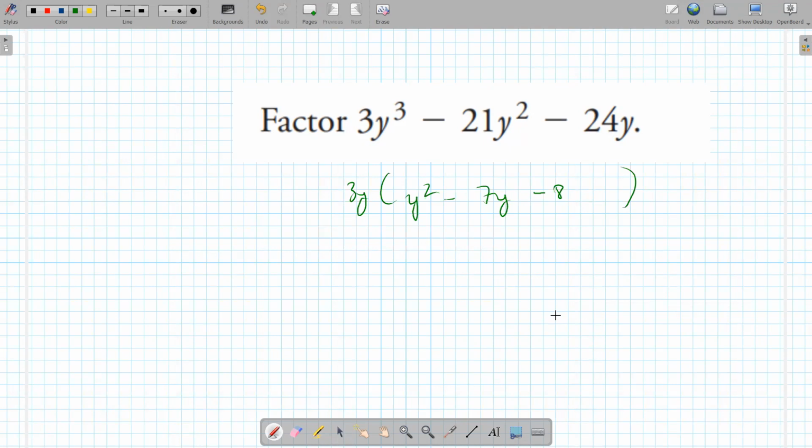Look inside the brackets. It adds up to -7. And it multiplies to what? -8. What are the numbers? Adds to -7, multiplies to -8.